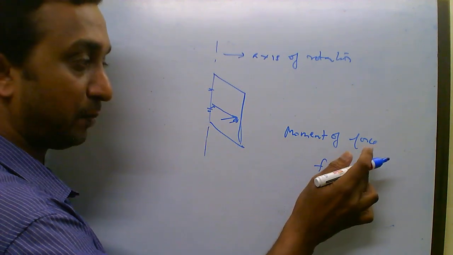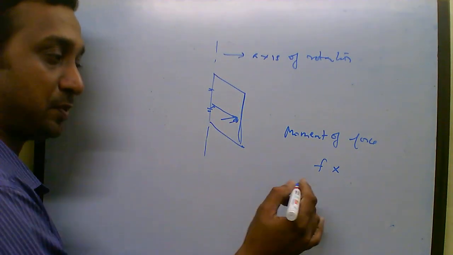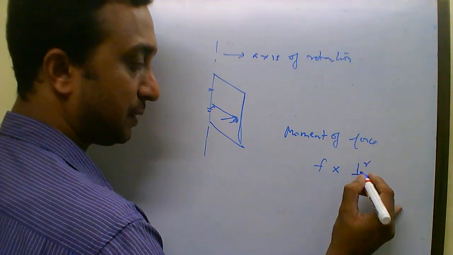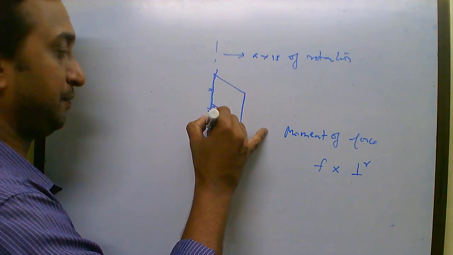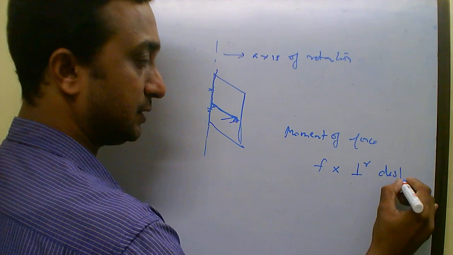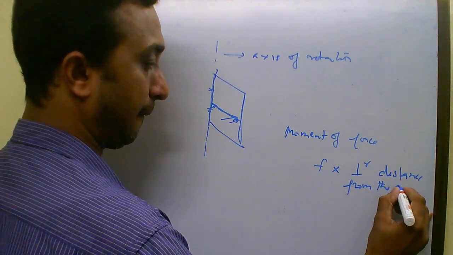So the turning effect of the force which you have applied depends upon two factors: the force which you apply and also the perpendicular distance. So this is the axis of rotation, and this is the perpendicular distance from the axis of rotation.